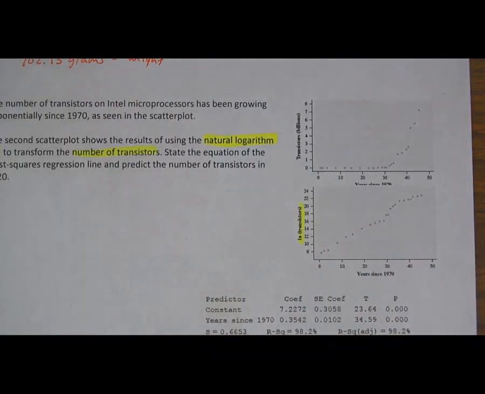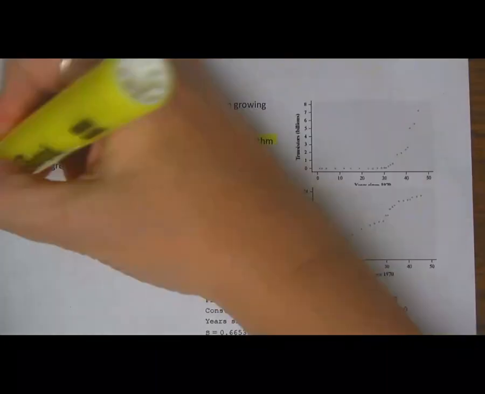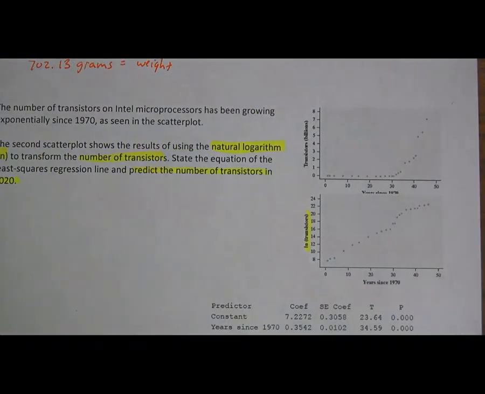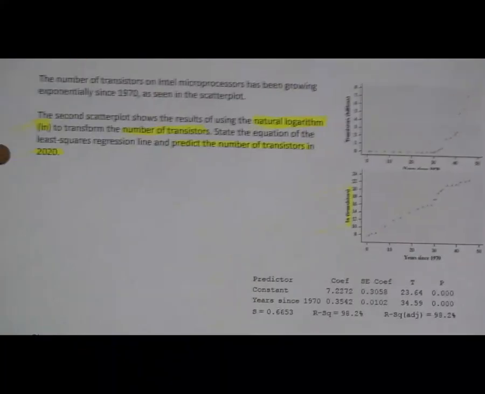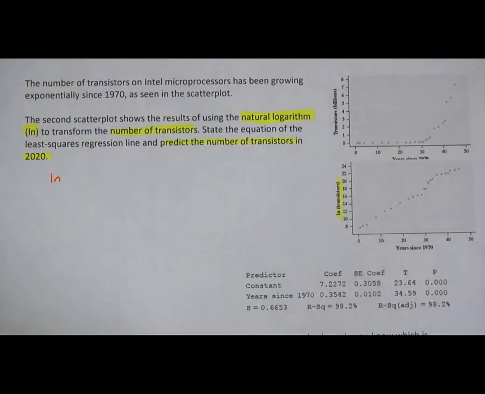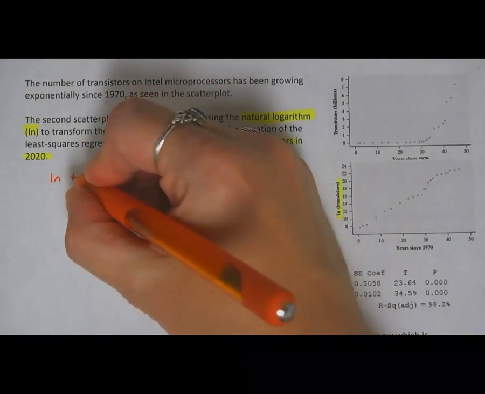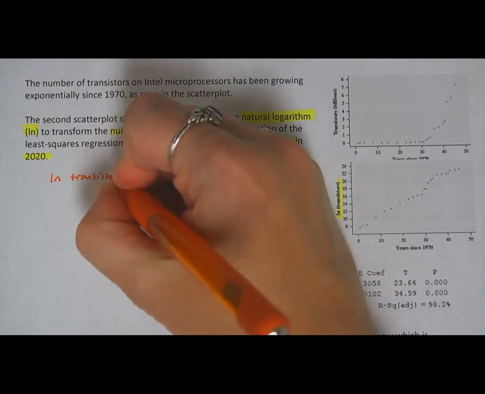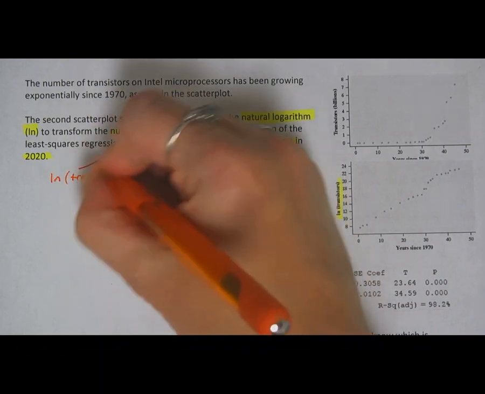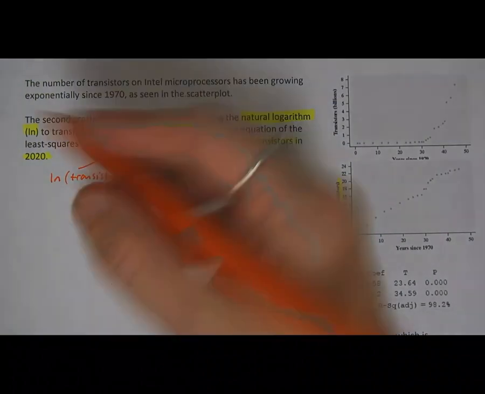State the equation of the least squares regression line. Predict the number of transistors in 2020. Okay. So the natural log was taken of the number of transistors. And I want to be able to predict the number of transistors.